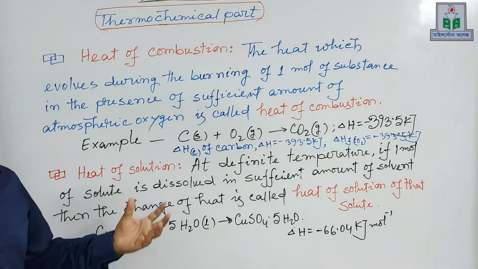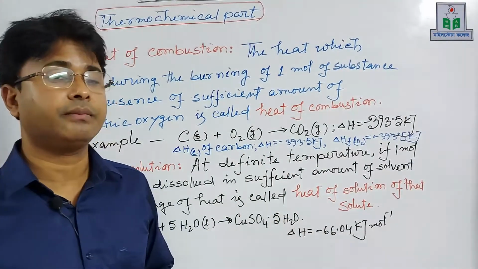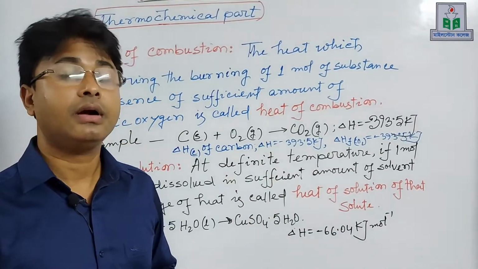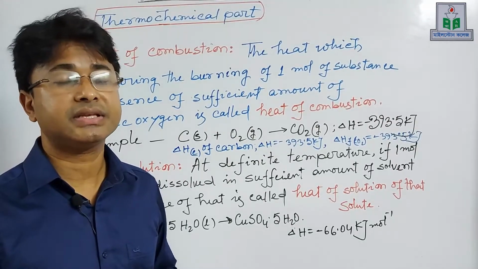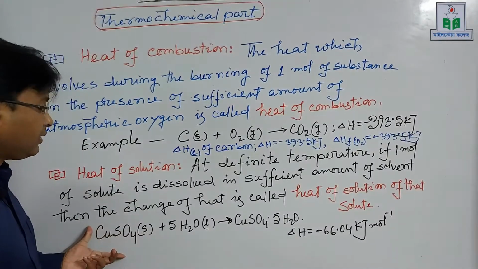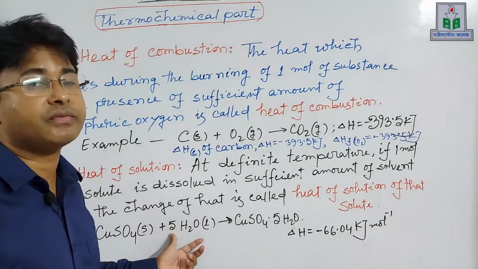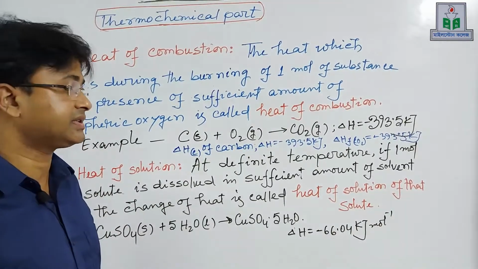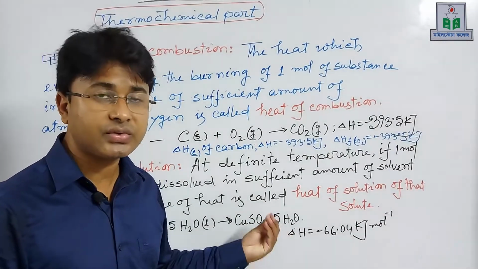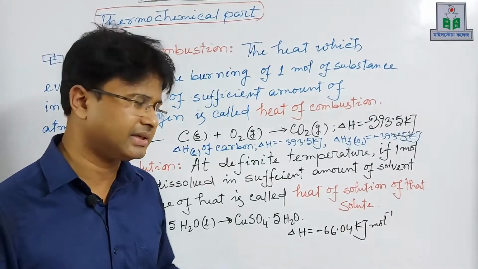Copper sulfate is a solid ionic compound, and if I dissolve copper sulfate in a sufficient amount of water, in that case each molecule of copper sulfate combines with 5 molecules of water to form a crystal which is known as blue vitriol, and it is also blue in color.